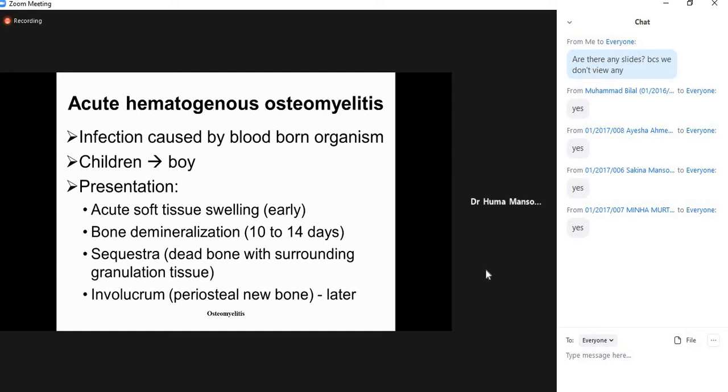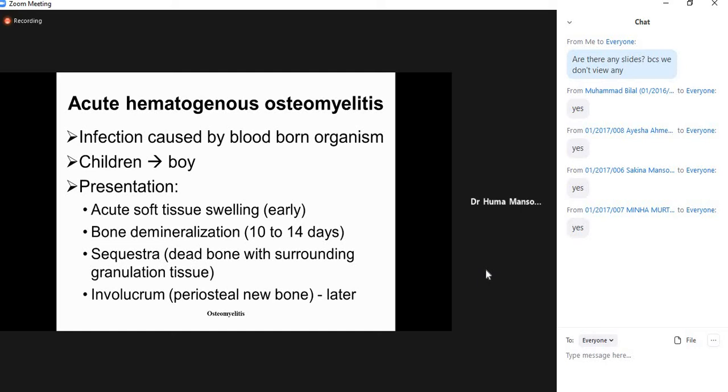Acute hematogenous osteomyelitis is caused by blood-borne organisms, and usually occurs in children, as a part of sepsis. The earliest presentation is acute soft tissue swelling, leading to bone demineralization, and then forming a sequestrum, which is dead bone with surrounding granulation tissue.